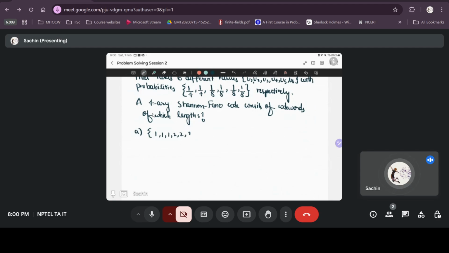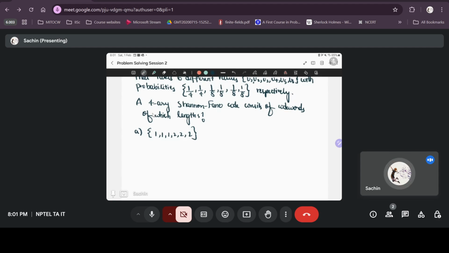Options are again 111222. By inspection you can say that's wrong because in Shannon-Fano coding the code word length depends on the probabilities, and messages with the same probability are assigned code words of the same length.